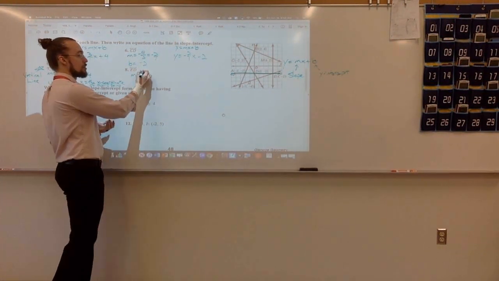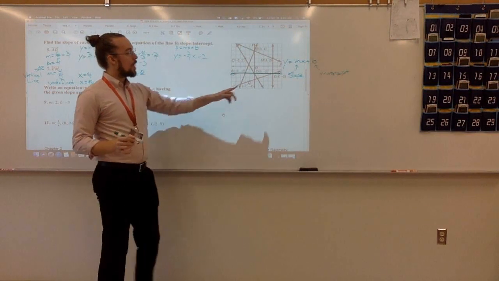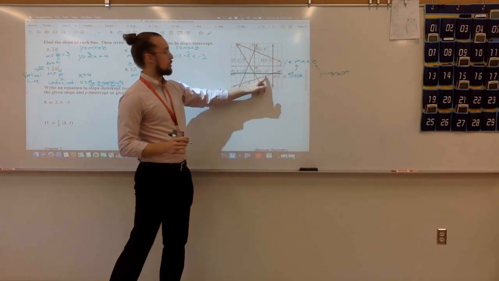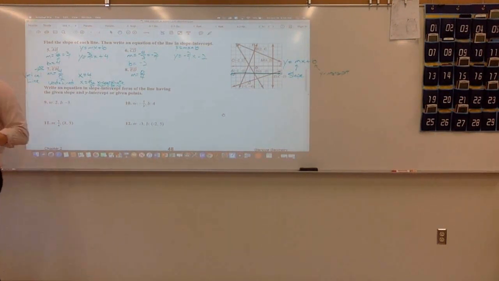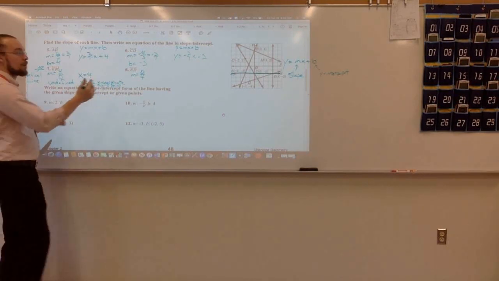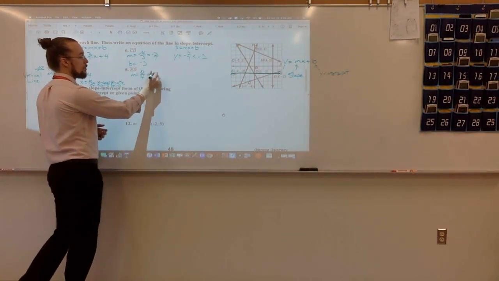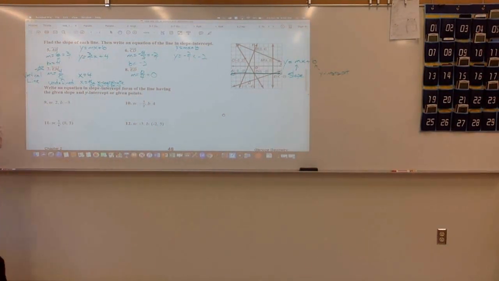So my rise would be 0, and then my run would be 4. Can I have a 0 in the numerator? Can I do that division? Yeah, we can. What's 0 divided by anything? 0. So this slope, we just say is 0.